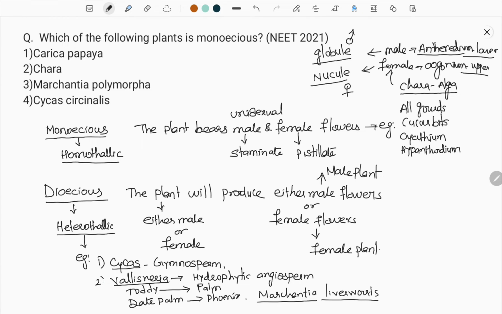Vallisneria is a dioecious hydrophytic angiosperm. Toddy is a palm, a monocot, an angiosperm, dioecious. And date palm is also a monocot. Phoenix sylvestris and Phoenix dactylifera are both date palms, monocots with dioecious nature. Marchantia is a liverwort, a dioecious bryophyte.